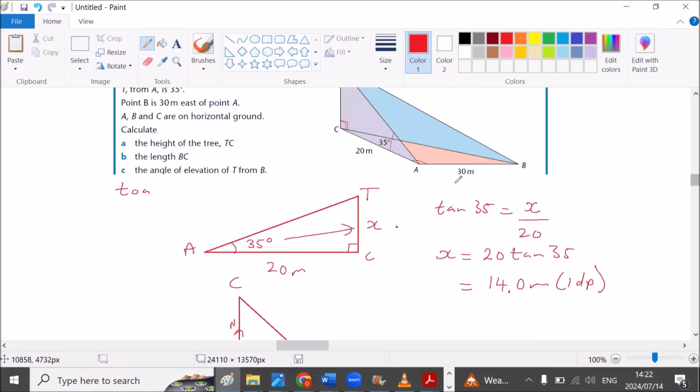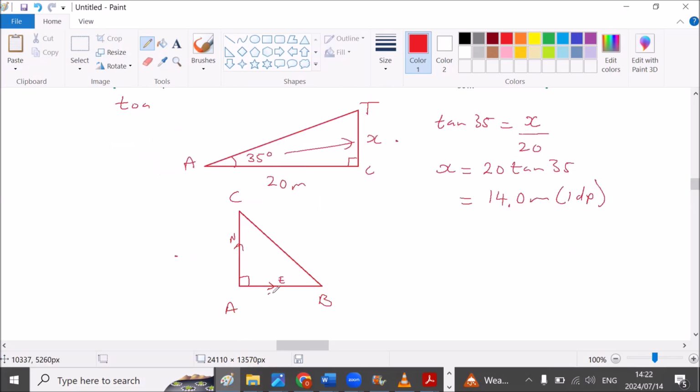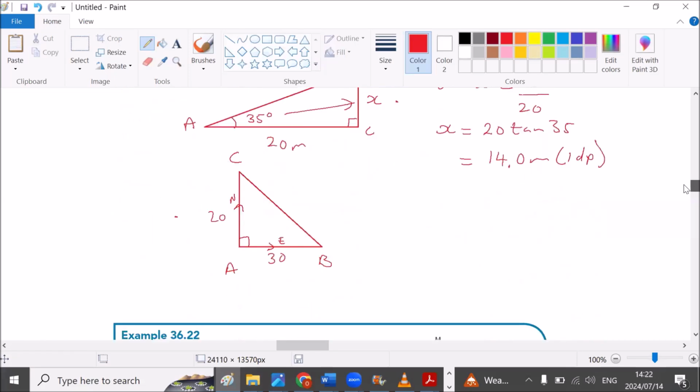Now let's look at the length. We have 30 meters from A to B and 20 meters from A to C. So we have 30 here, we have 20 there. So to get BC, we can use Pythagoras' theorem. BC is the hypotenuse, so BC squared is equal to AB squared, which is 30 squared, plus AC squared, which is 20 squared.